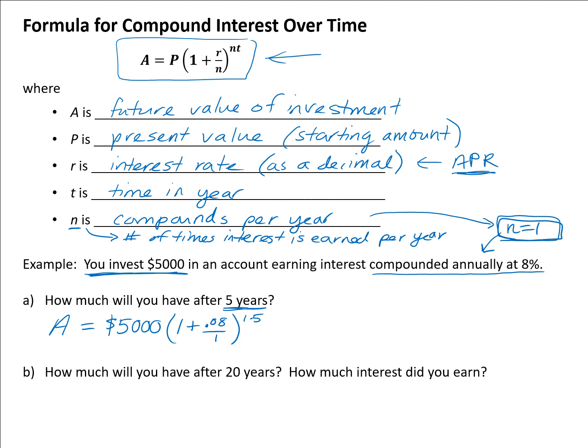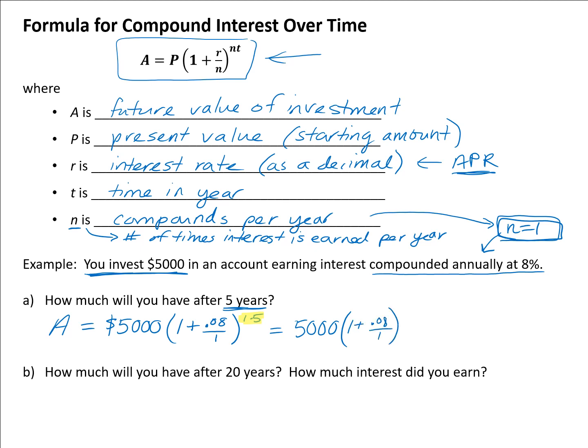One thing about this calculation, it is a little more intense to do. One thing I recommend is to calculate the exponent before you put everything else into the calculator. This is a pretty easy calculation here. We could do that in our head. 1 times 5 is just 5. But it becomes really important when we're doing more complicated examples with compound interest where the N is not 1.